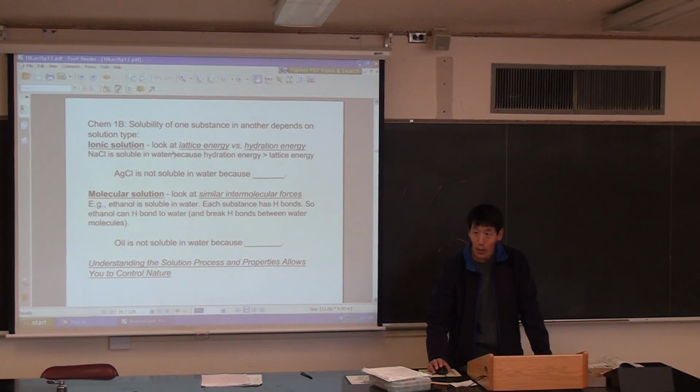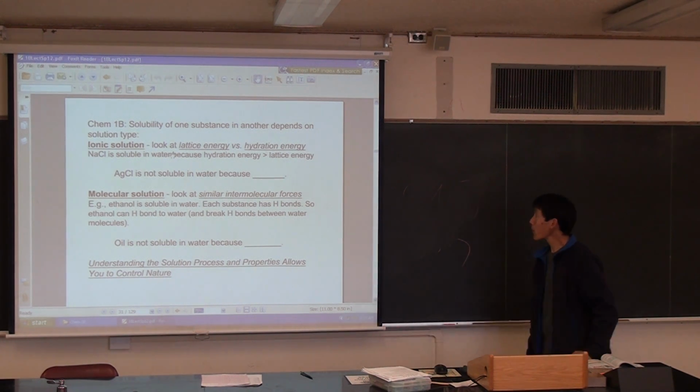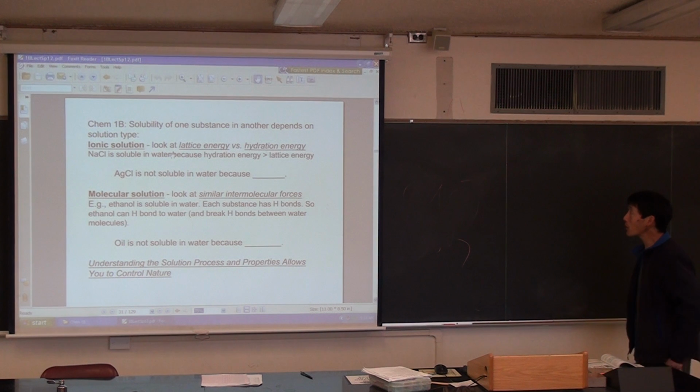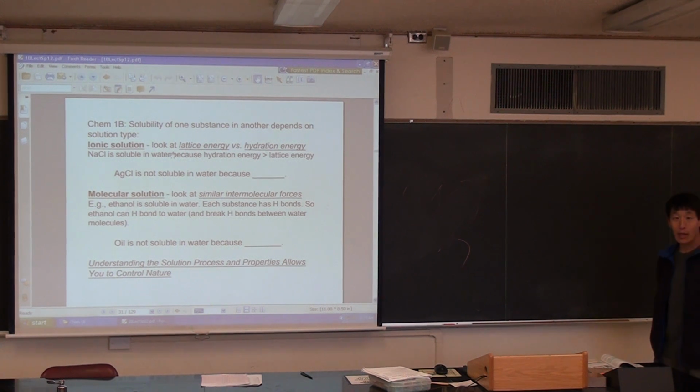So in Chem1B, we'll look at this like dissolves like solubility idea in a little more detail. The solubility of one substance in another can be explained depending on whether it's an ionic solution or a molecular solution. If you're looking at an ionic solution, you're going to look at two terms, lattice energy and hydration energy.